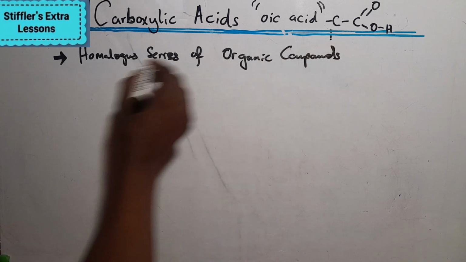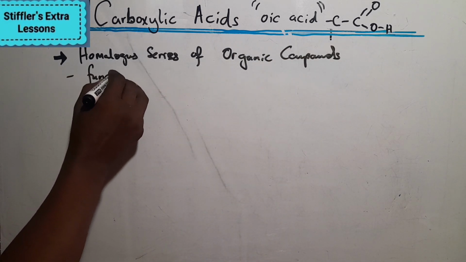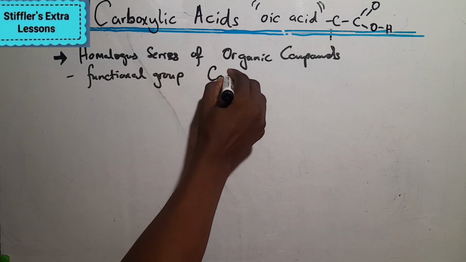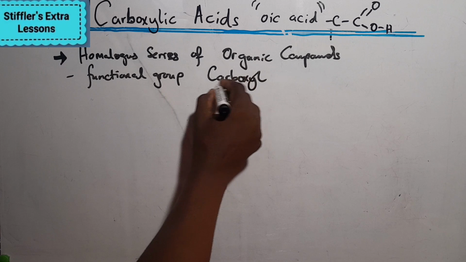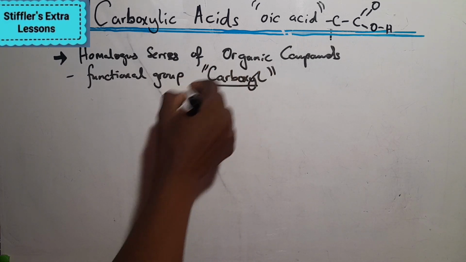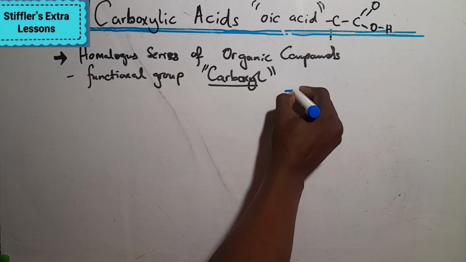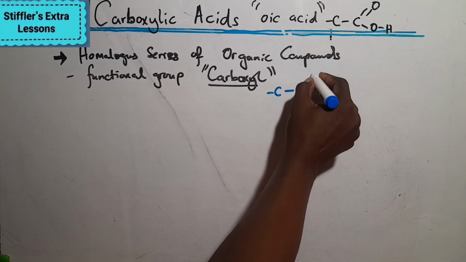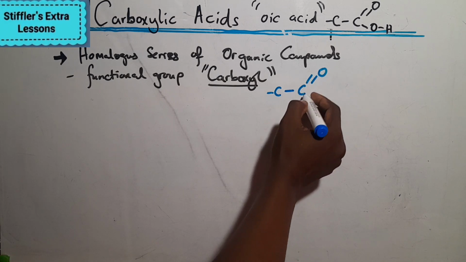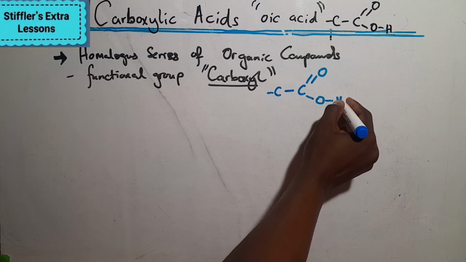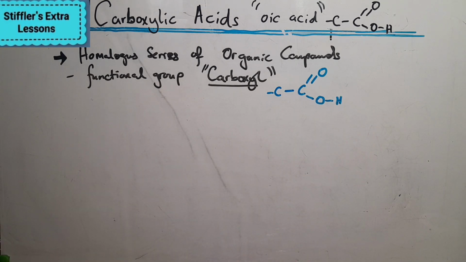So these organic compounds have the functional group called the carboxyl functional group, which can be represented by this. Can you notice that this carbon is bonded to a double bond and also a single bond, and is carrying also the OH like that? So that is the functional group of carboxylic acids, and it's called the carboxyl.